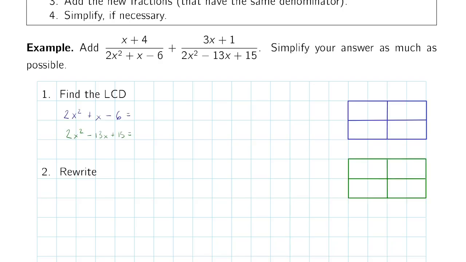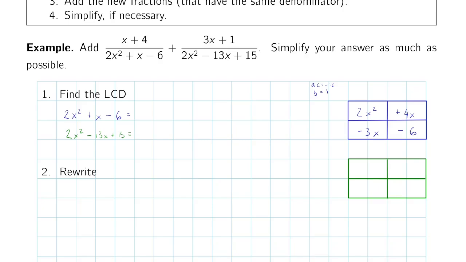For the first one, I have AC is negative 12 and B is 1. So I'll fill in my 2x squared, my minus 6, and two numbers that multiply to negative 12 and add up to positive 1. I think that that's going to be positive 4x and negative 3x.